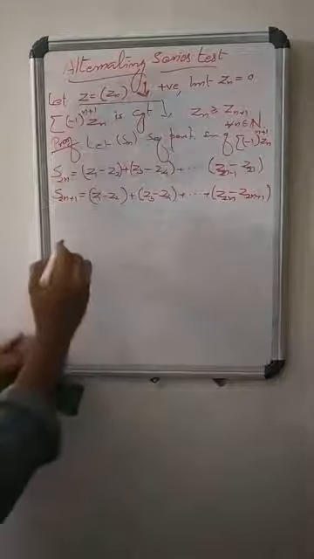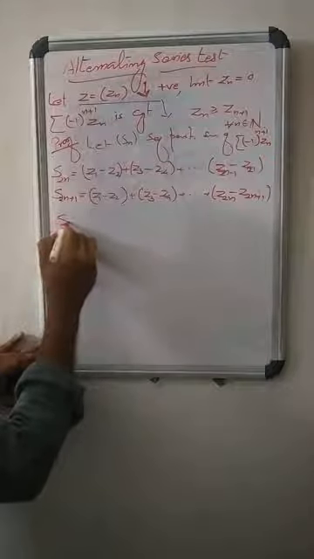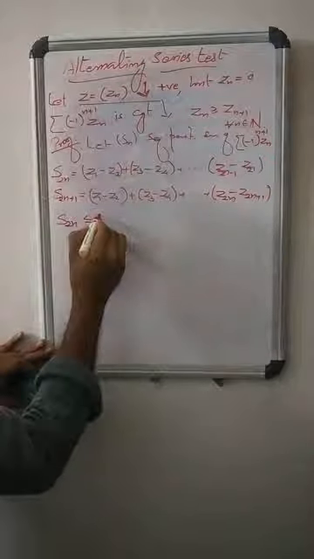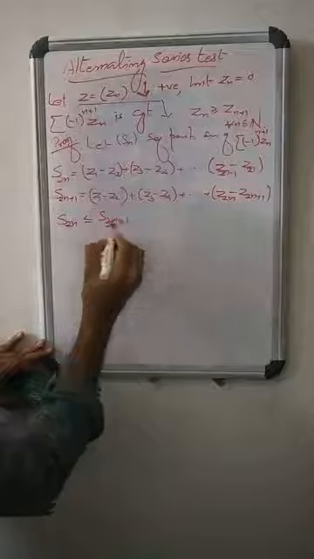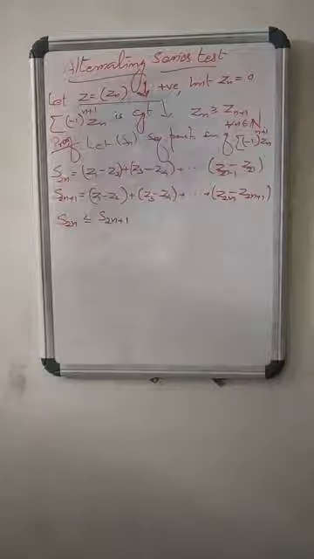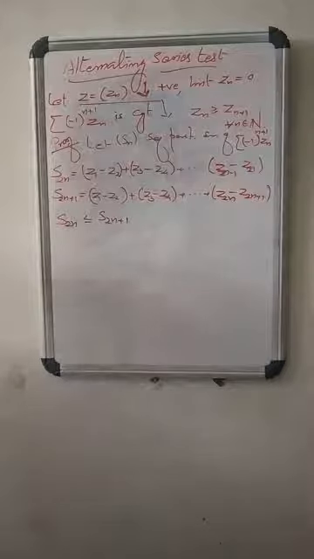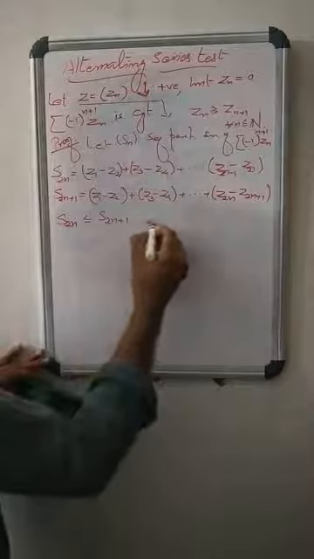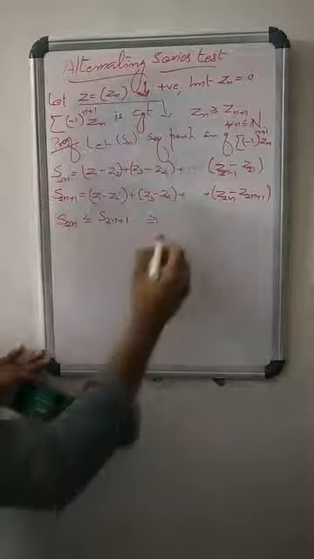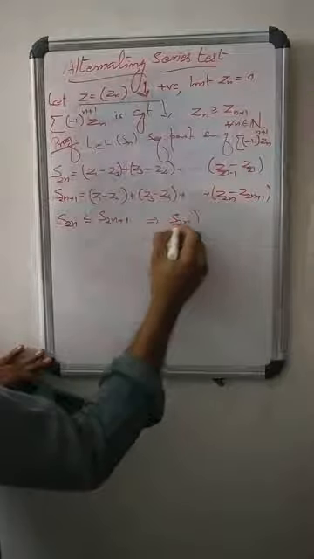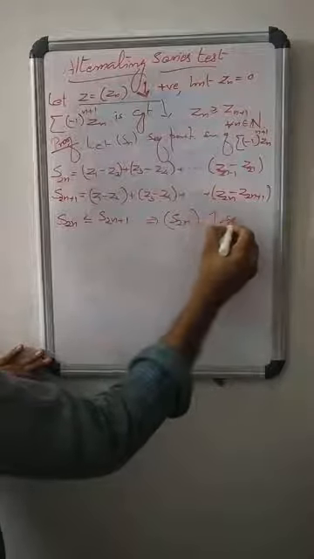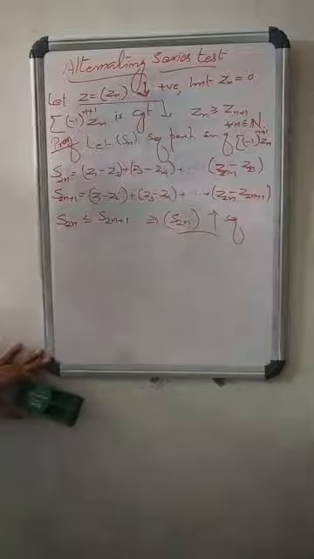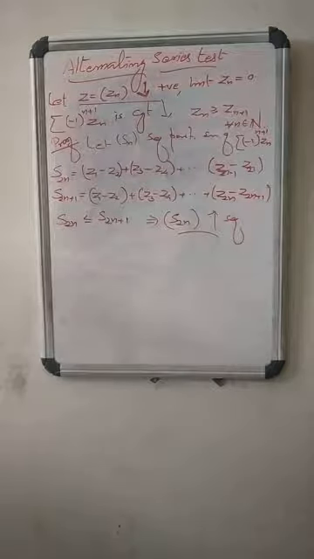Clearly, S2n is less than or equal to S2n+2. So S2n ≤ S2n+2 means the sequence S2n is an increasing sequence.